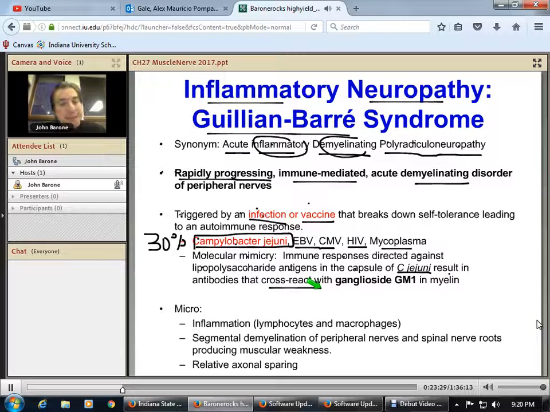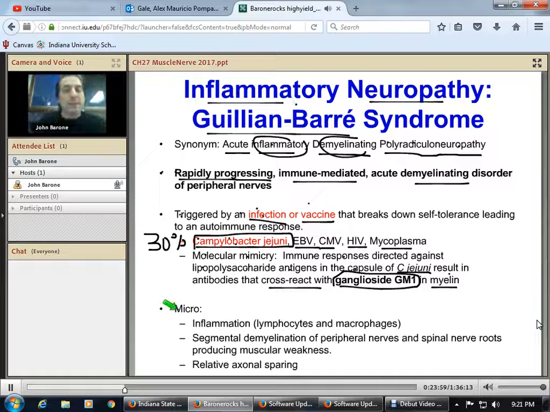But those antibodies can cross-react with my own Schwann cells, the ganglioside GM1, which is located in the myelin of the Schwann cells. So I attack Campylobacter, I can attack my own peripheral myelin. So that explains why a bug can cause me to attack myself. Again, it's only 30%, but they really expect you to know Campylobacter and Guillain-Barré. But most cases are viruses.